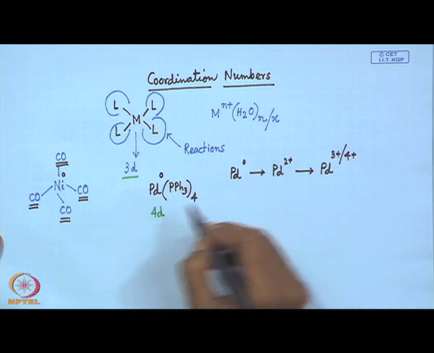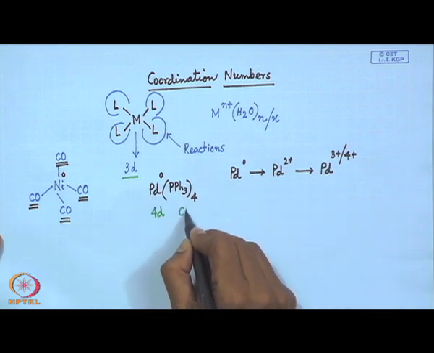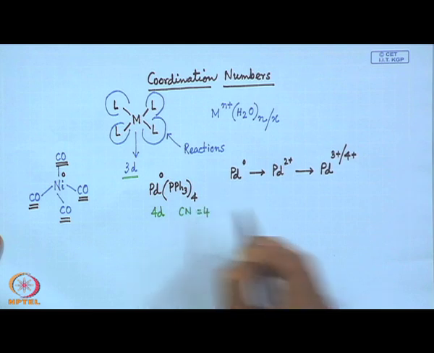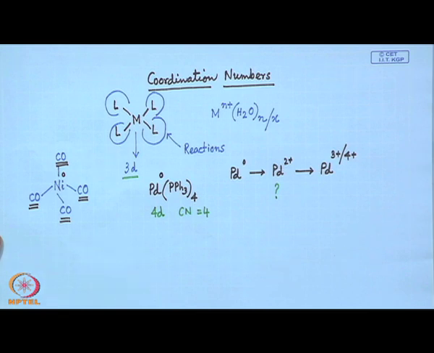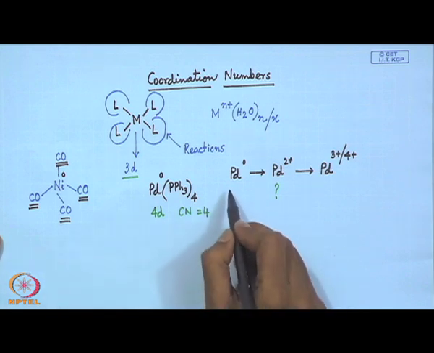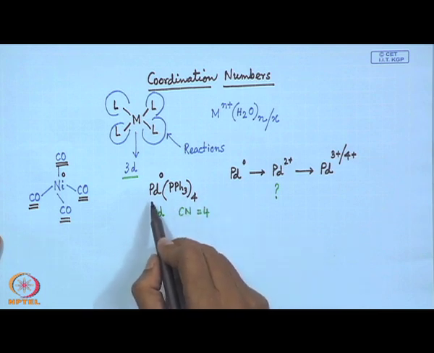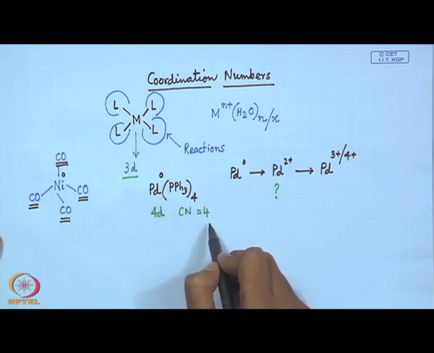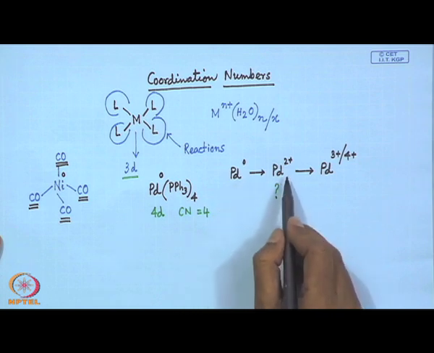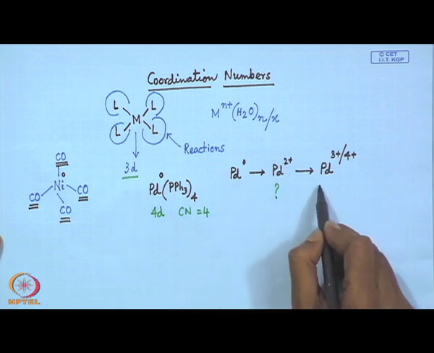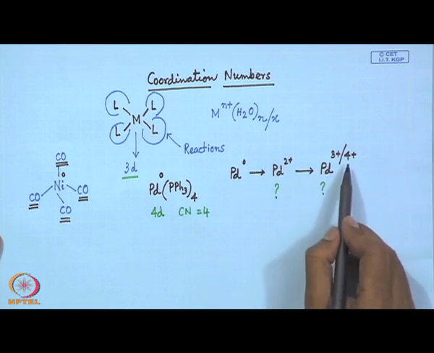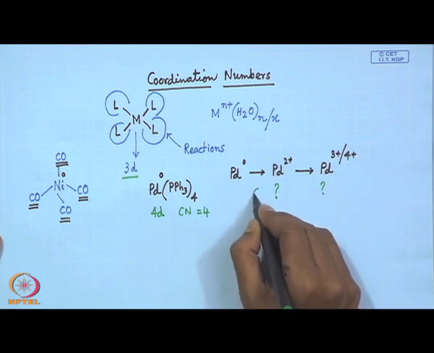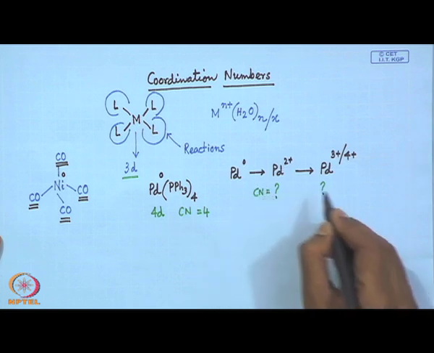In this particular case, if the coordination number is 4, what can we expect if there is a redox transformation from a complex which is palladium 0 having a coordination number of 4, going from palladium 0 to palladium 2 plus, and further if it goes to oxidation to the trivalent palladium state or the tetravalent palladium state? So, what would be their expected coordination number?